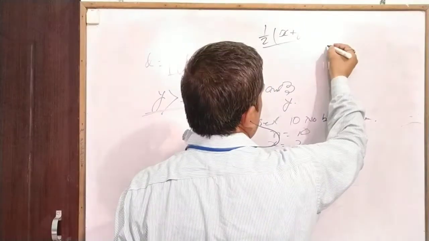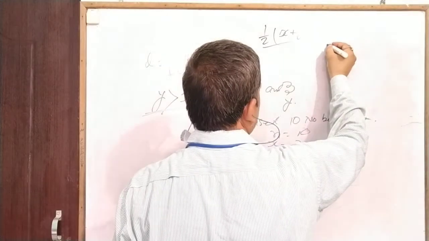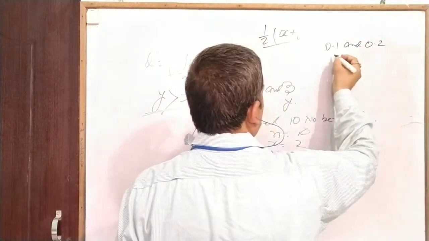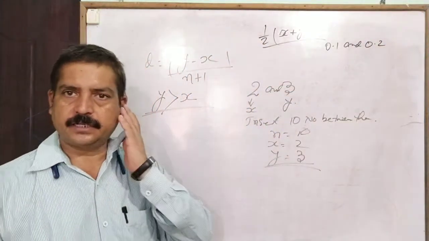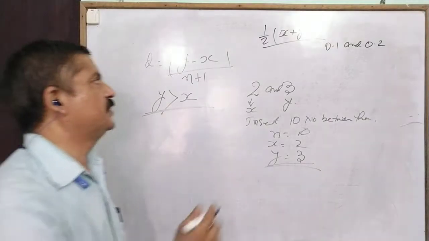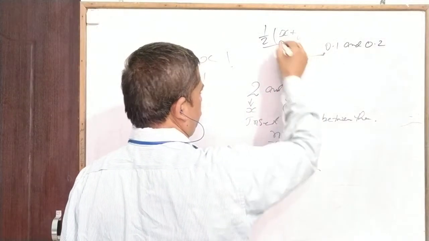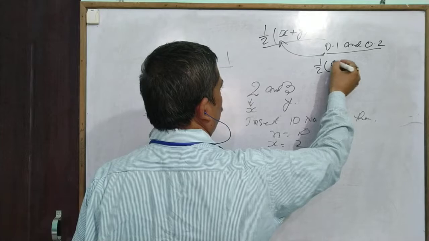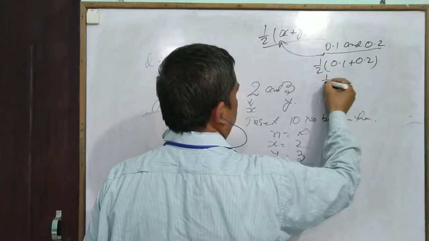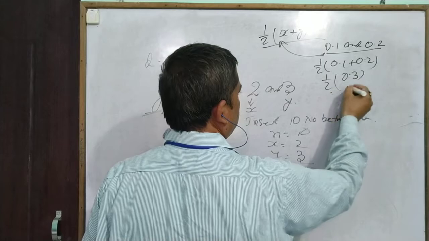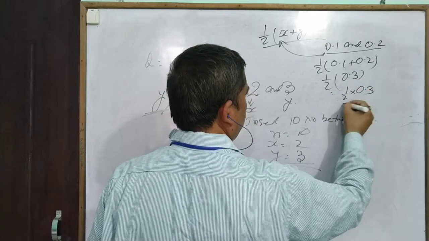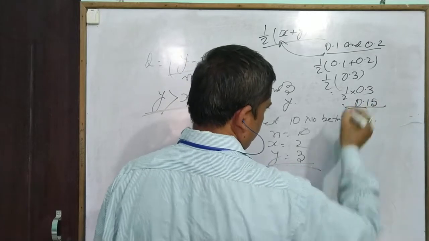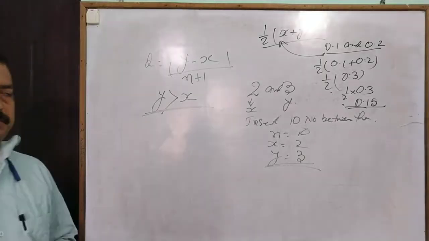Just like for any fraction or decimal, say 0.1 and 0.2, where only one rational number is to be inserted, in that case we use that formula. 1 by 2 into (0.1 plus 0.2) equals 1 by 2 into 0.3, so 0.15. That is the decimal number that lies between them.